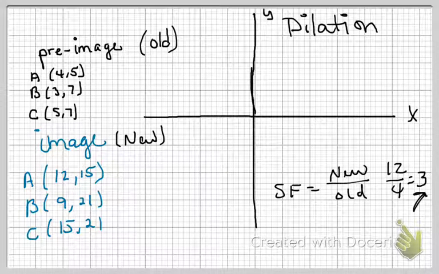Alright, so I'm going to go to the old, and I'm going to go ahead and graph this. 4, 5, so go over 4, go up 5. So it's there, that's A. And then 3, 7. There's B. And then C, I'm going to enlarge this a little bit, it's 5, 7.